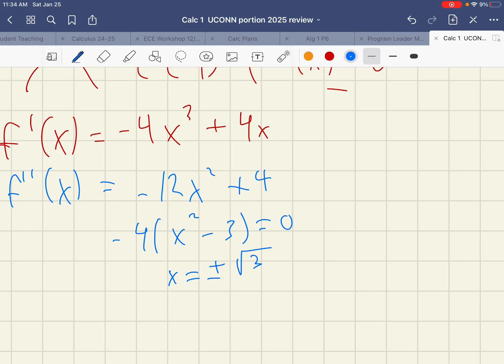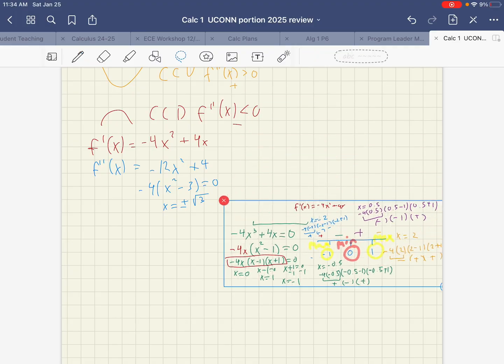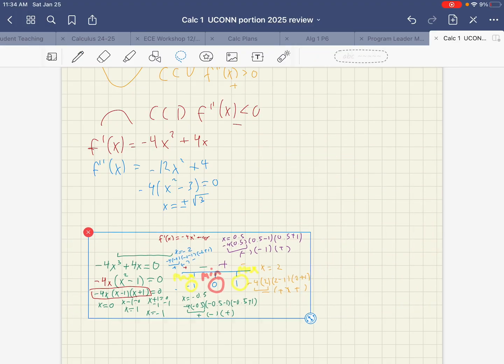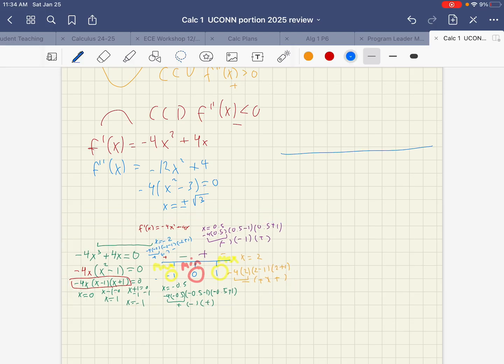So I want to overlap. Let me see if I've got enough room to paste. So knowing that for the first derivative, I'll do it actually in red, those critical values were at -1, 0, 1.